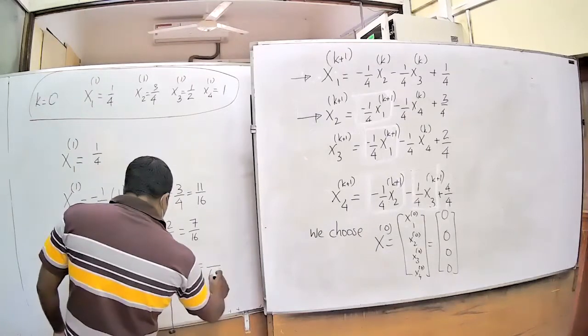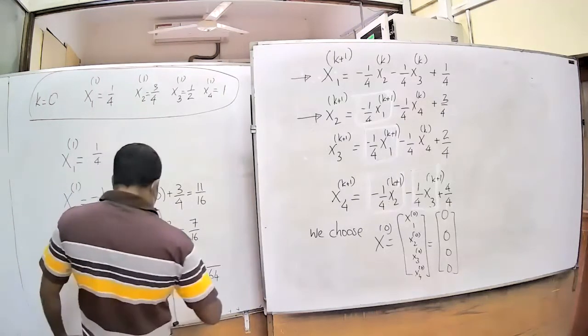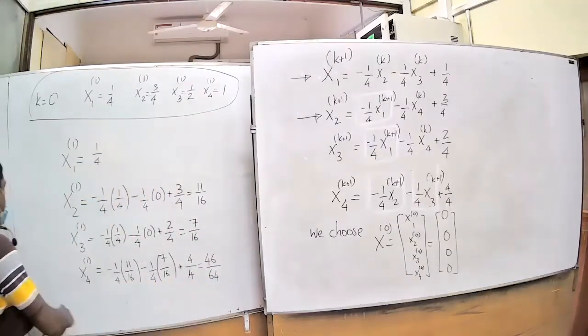That is 64 minus 18, 46 over 64. So you can check this work.